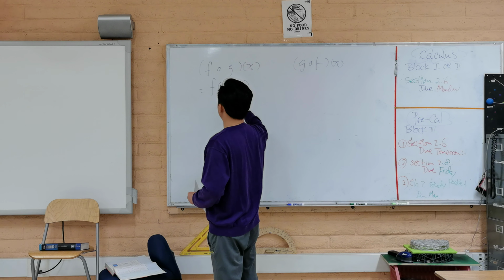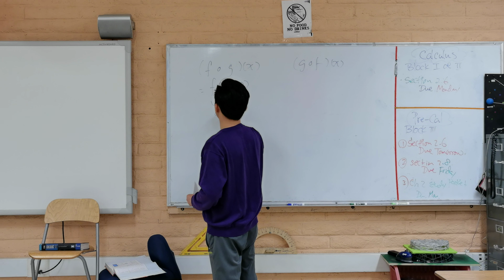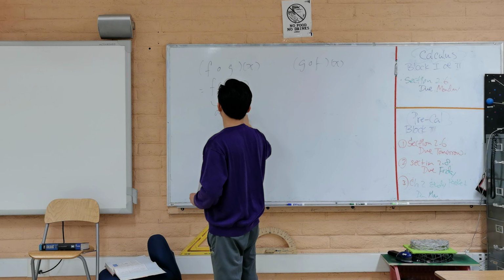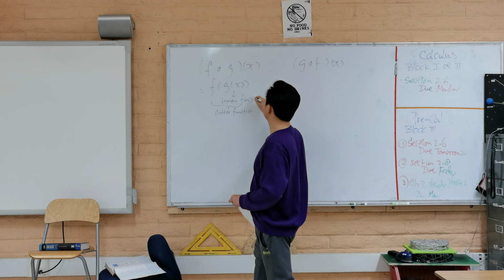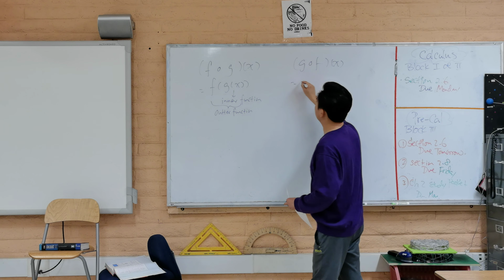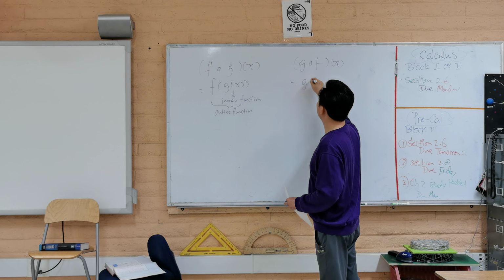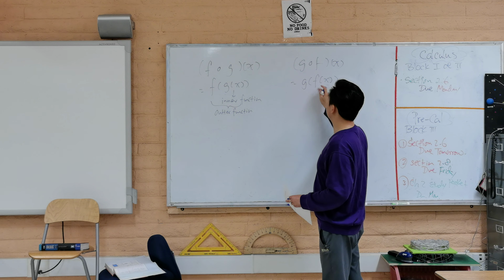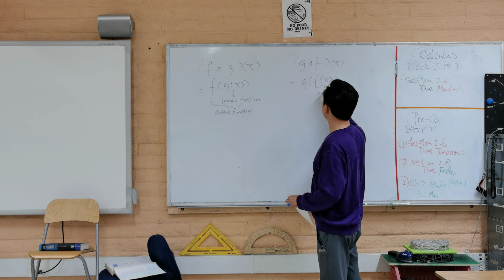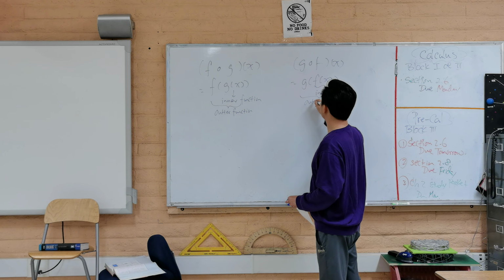Again, g of x is the inner function, and then f of x is the outer function. And then for g of f of x, that one is written as g of f of x. So for this one, the inner function would be f of x, and then the outer function, g of x.